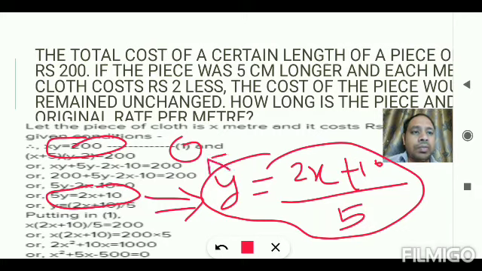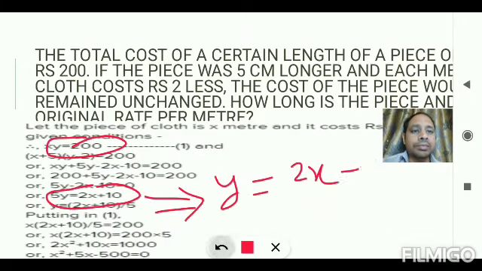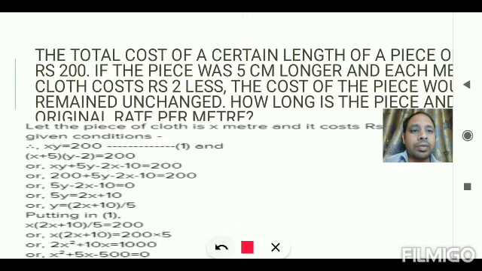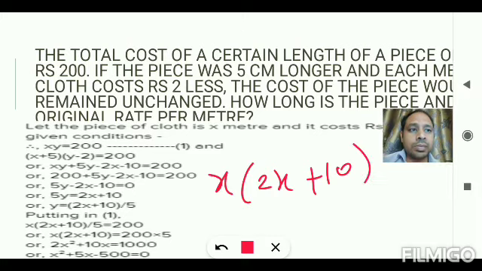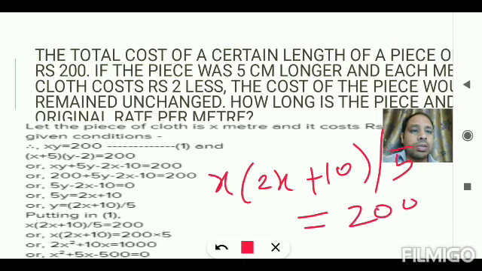If we substitute this value in equation number 1, we will get x into 2x plus 10 upon 5 equals to 200.